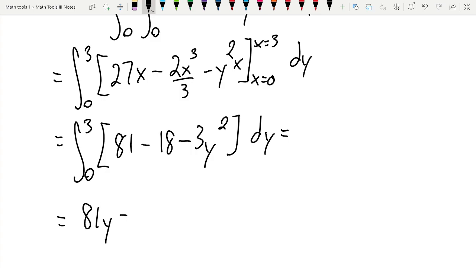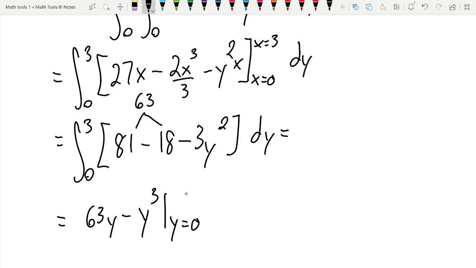So we got 81y minus, I guess I could combine those, 81 minus 18 is 63. Right. So 63y minus y cubed from 0 to 3. So we'll get 63 times 3, which is 189, minus 27. So we'll get 162.